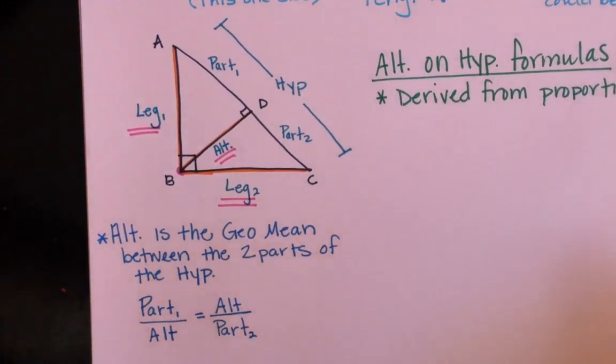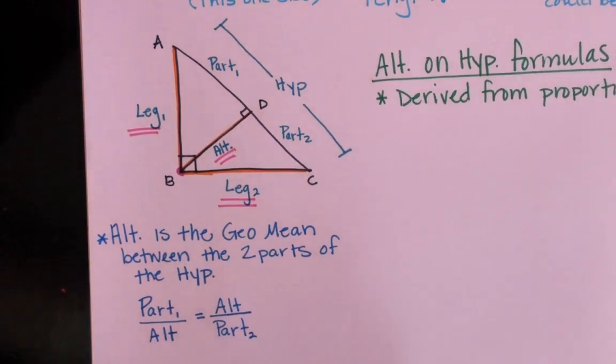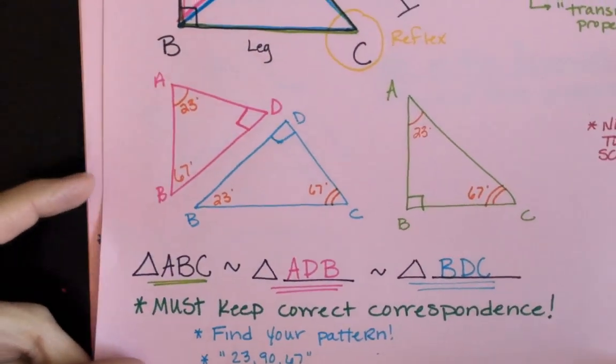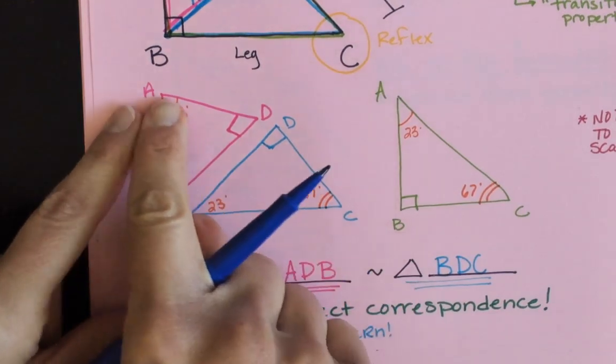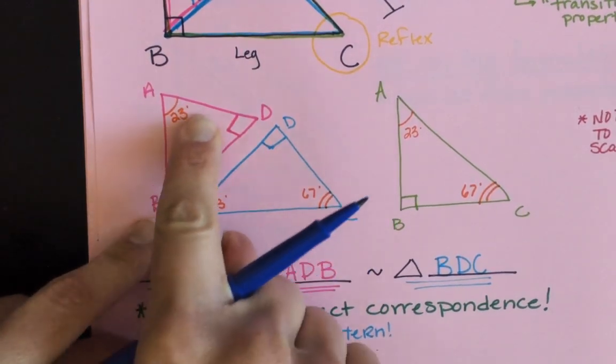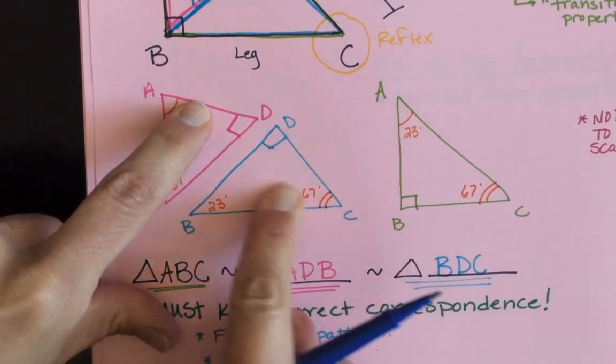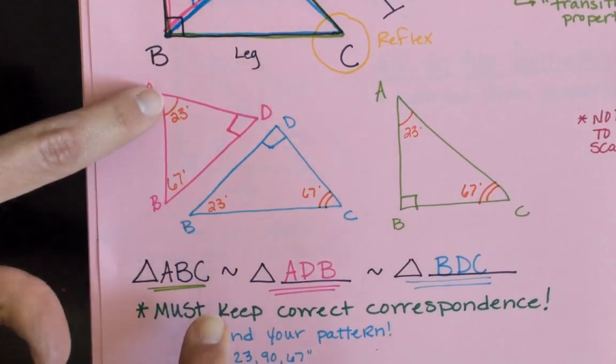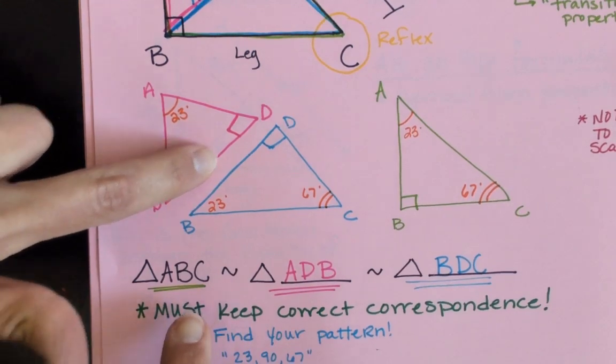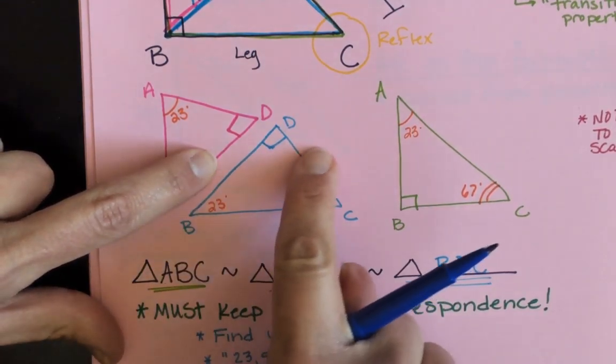So when we look at this proportionality statement, notice how our longer leg corresponds with the longer leg. Our shorter leg corresponds with the shorter leg.